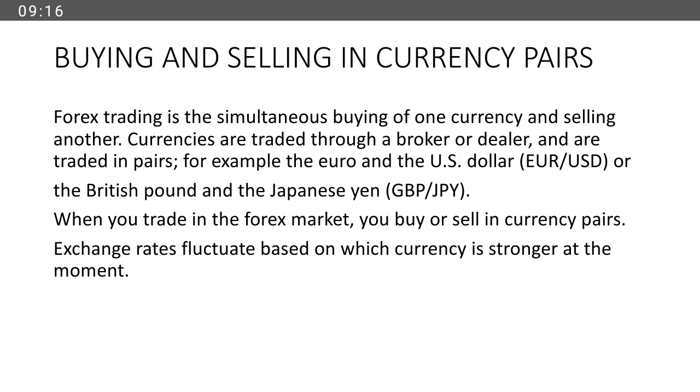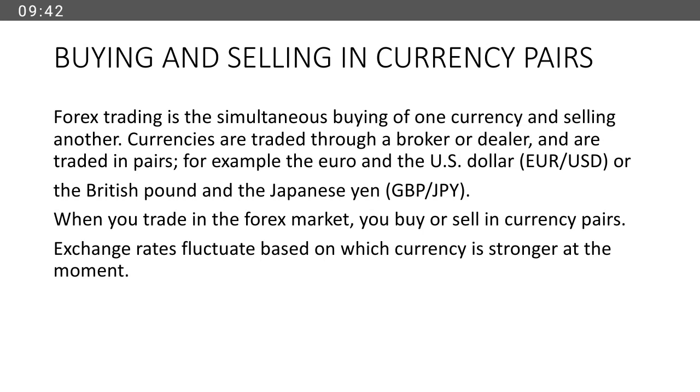The exchange rate fluctuates based on which currency is stronger at the moment. So the exchange rate goes up, it goes down, it goes up, it goes down. When it goes up, it means one currency is stronger and the other currency is weak.